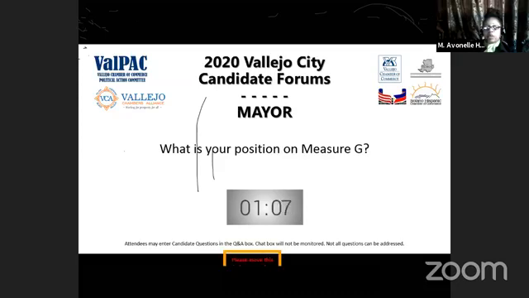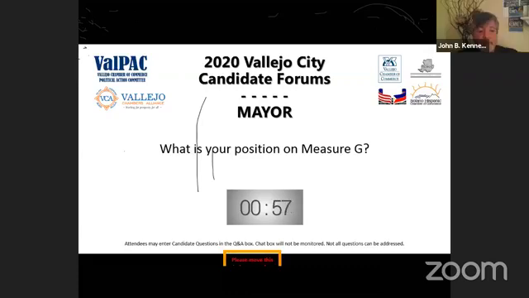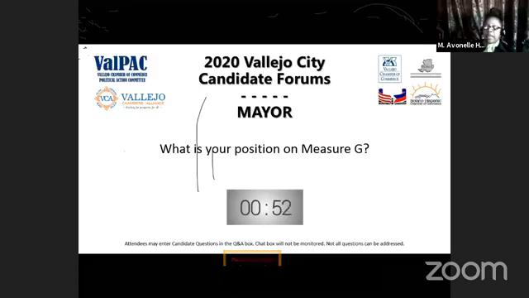One of the things that I think we need to look at as a community is how all our communities are succeeding. If one community is not succeeding, the rest of the community is not succeeding. That's the way we have to look at bringing in any type of measures or positions. This is not about one area or one population being successful. If one population is not, and this does not assist those residents, then it's nothing that we should agree on.